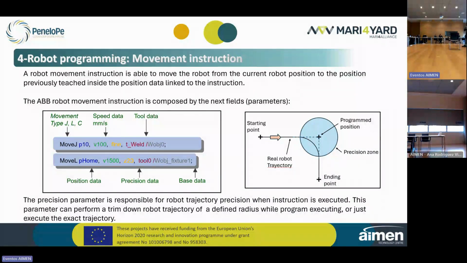Maybe they don't use these parameters in that order, but the concept is always the same. These are the parameters that are mandatory to use inside of a movement instruction.